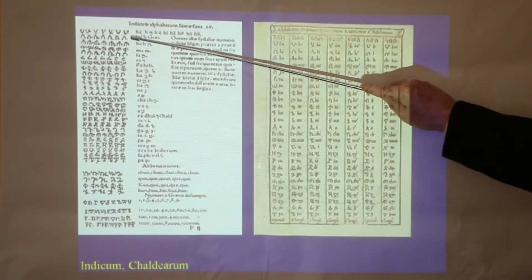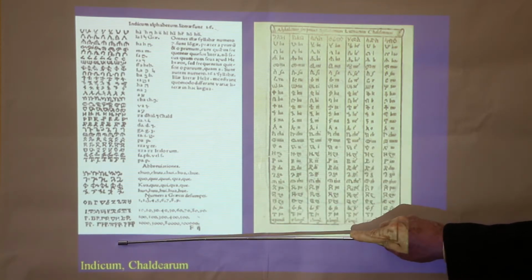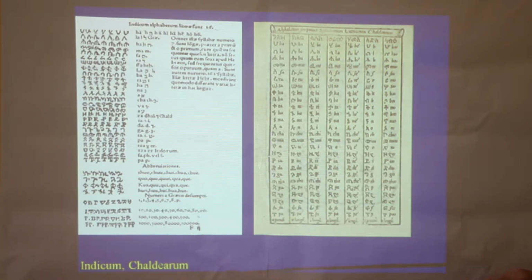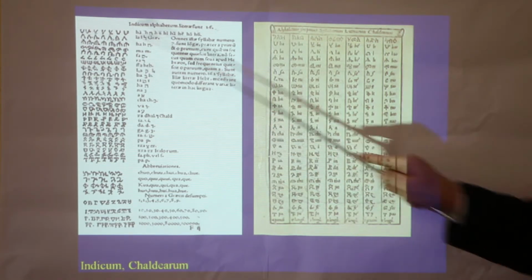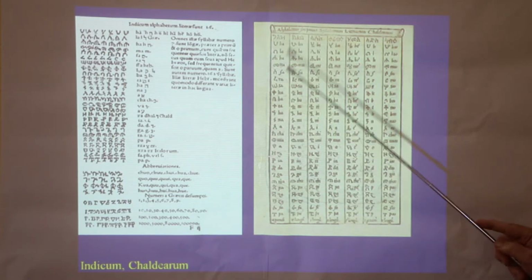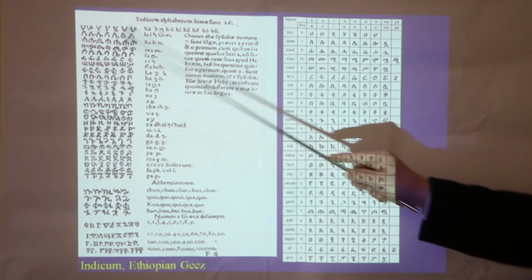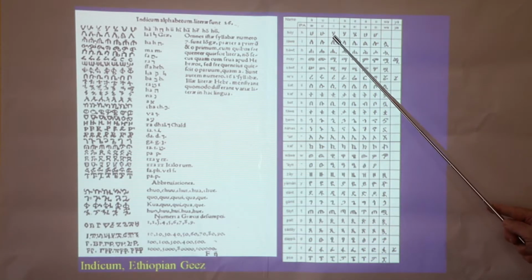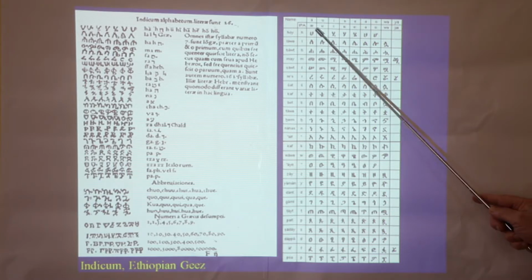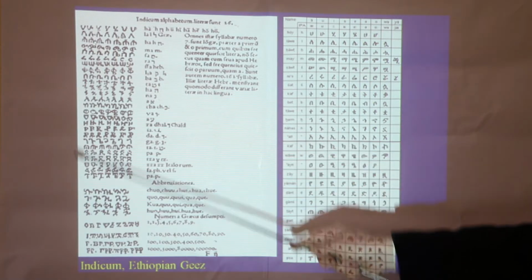And you see, this is Indic, a simplified version of what was happening in India. This is Chaldean. Well, you just look at the signs, they're copied. And here another one, this is Indic, and this is Ethiopian, Ge'ez. They're copied.